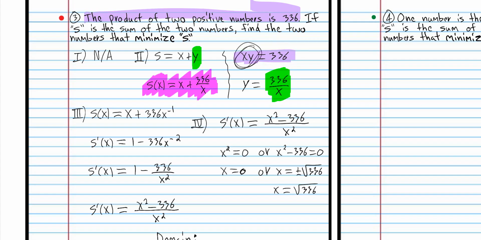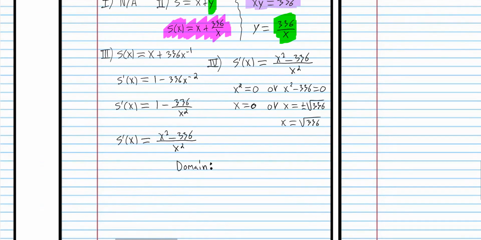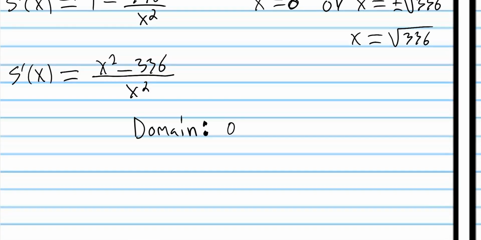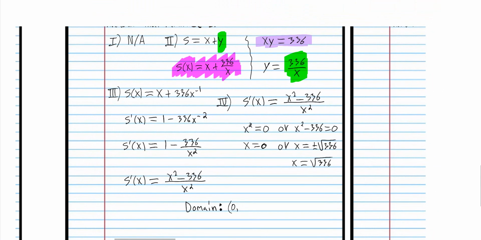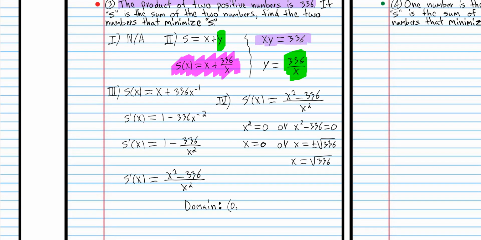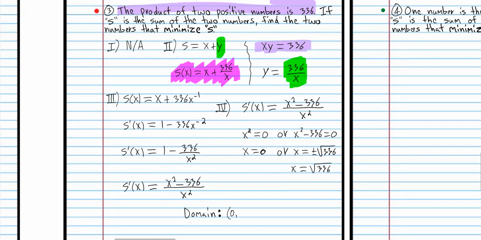So there's no way that x could be 0. And x cannot be negative numbers. But x can be positive numbers. So what that means is that we have an open interval. In the previous problems we had a closed interval. Now we have an open interval, and x cannot be equal to 0. But that's a bound.